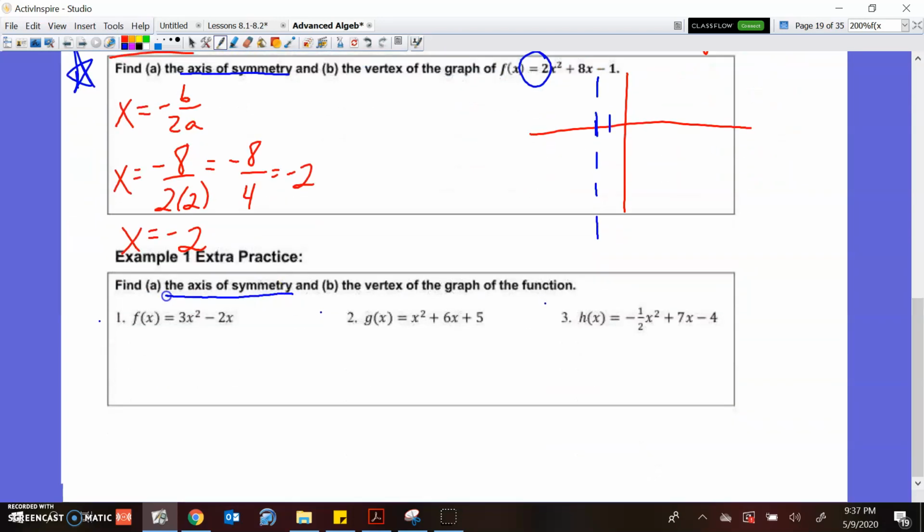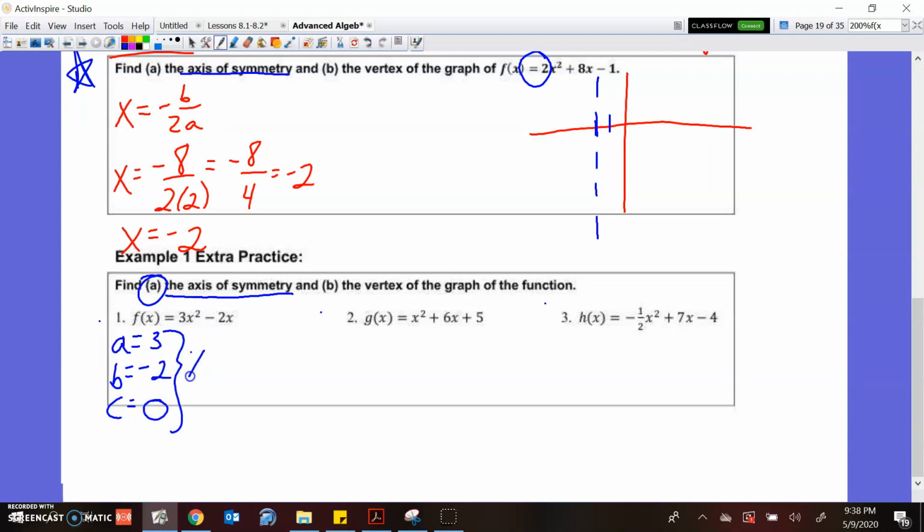So for each of these 3, there are 2 parts. A is find the axis of symmetry, so let's do that first. My a value, my b value, and my c value, I'm just going to list those so we're clear. My a is 3, my b is negative 2, and my c doesn't exist.